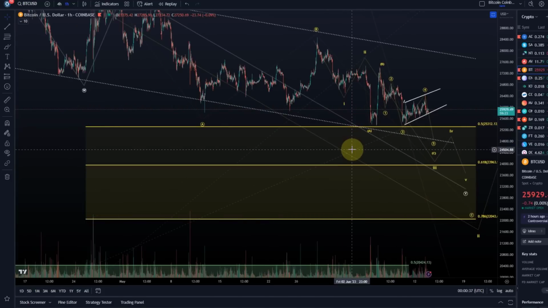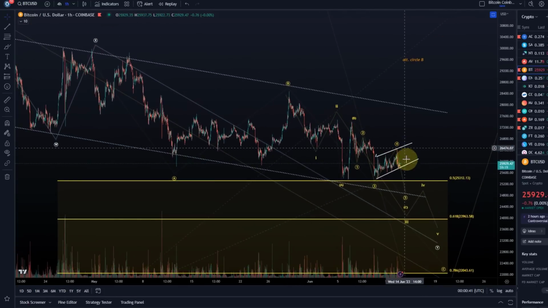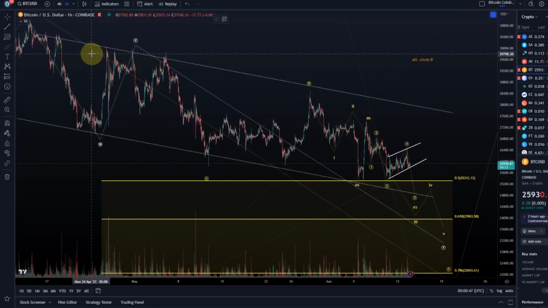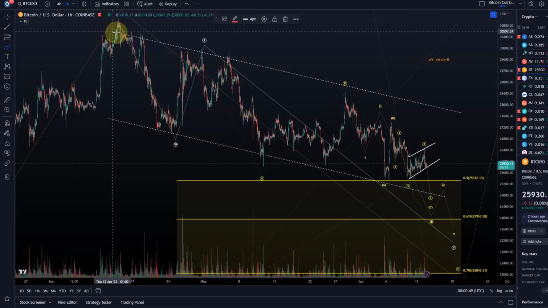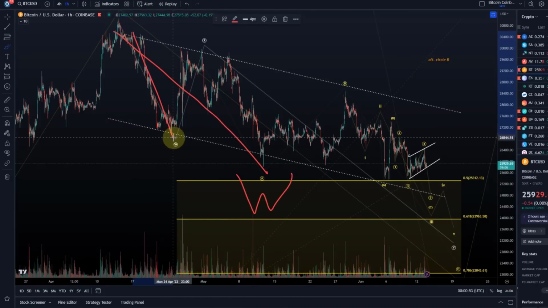There's another wave count in which we can look forward to a move to the downside, an absolutely valid count. In this wave count, we are looking for a wave W to the downside, W in 3 waves.